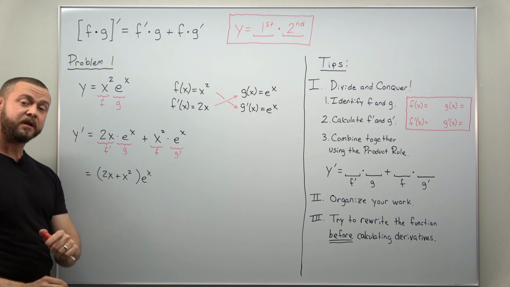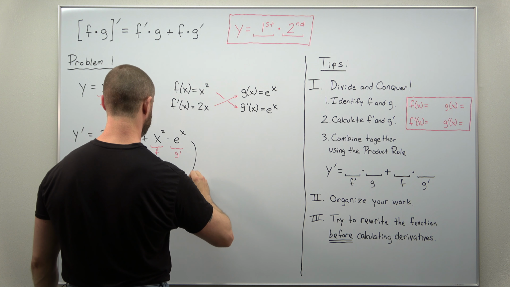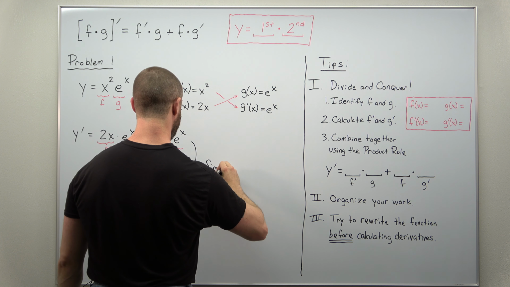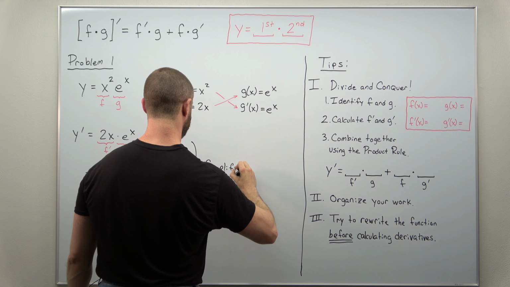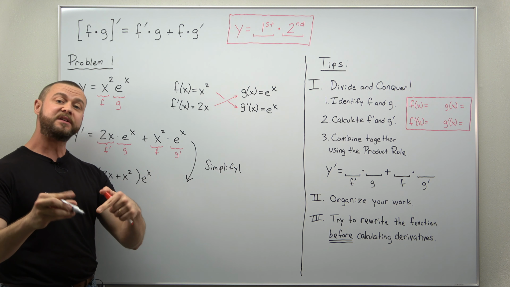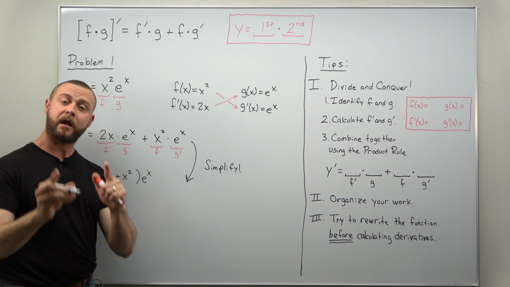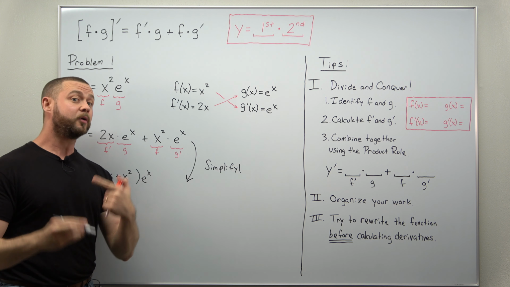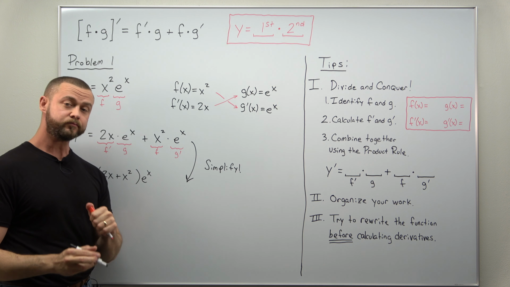And that's it. This last step, very common. Once you calculate a derivative, try to simplify it. That's going to make some of the other topics a little bit easier once you're comfortable calculating derivatives.